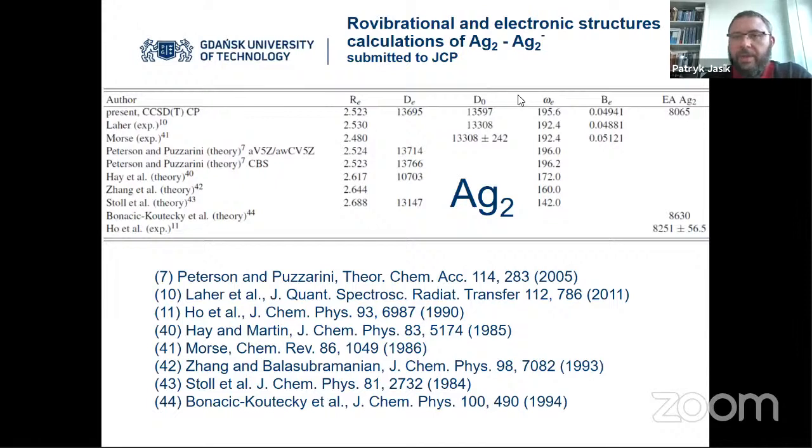You can see, for example, that the dissociation energy is very close to the experimental results, and also, as I said before, the electron affinity of the silver dimer is very close to the experimental one, which was reported by Ho.